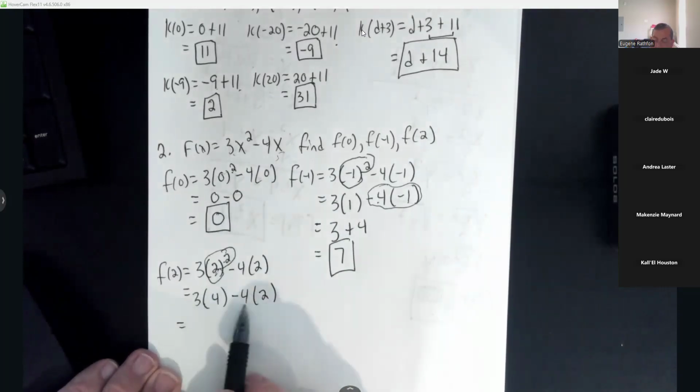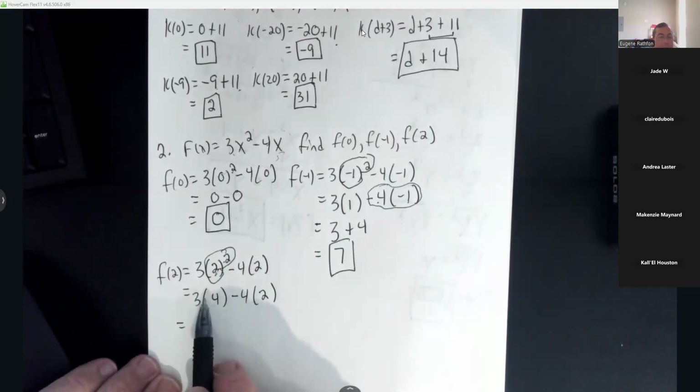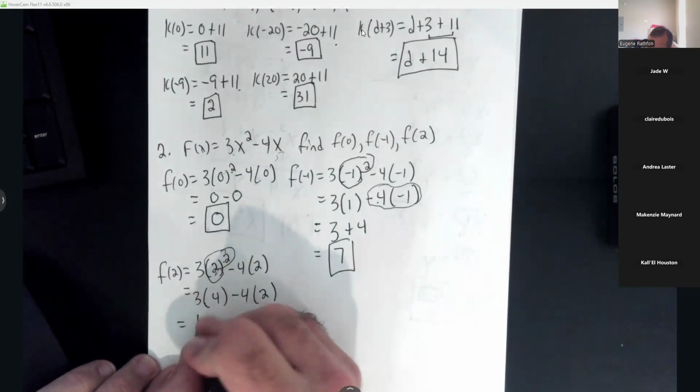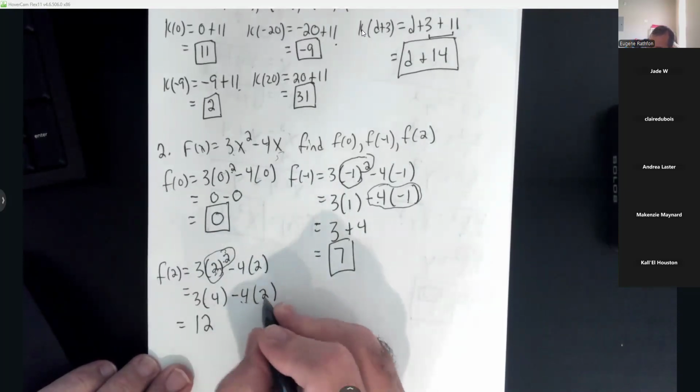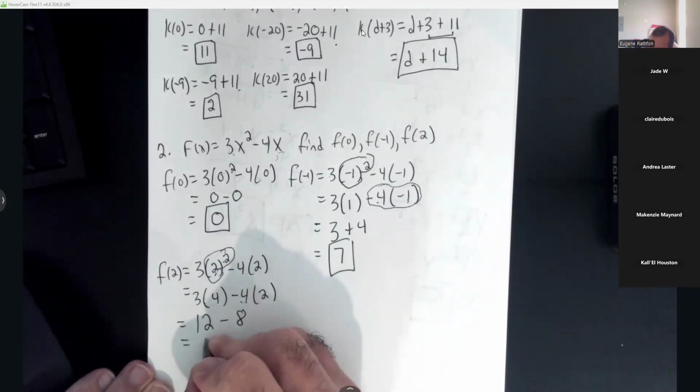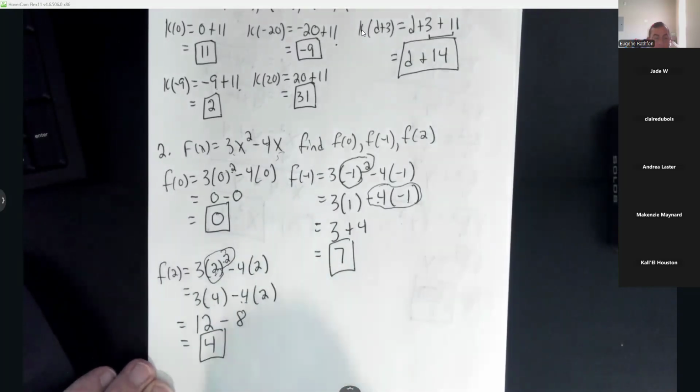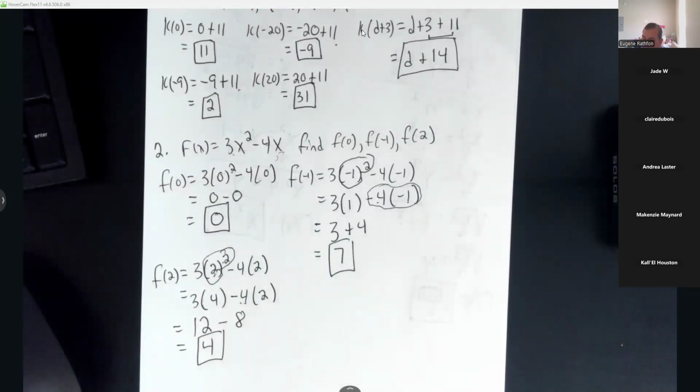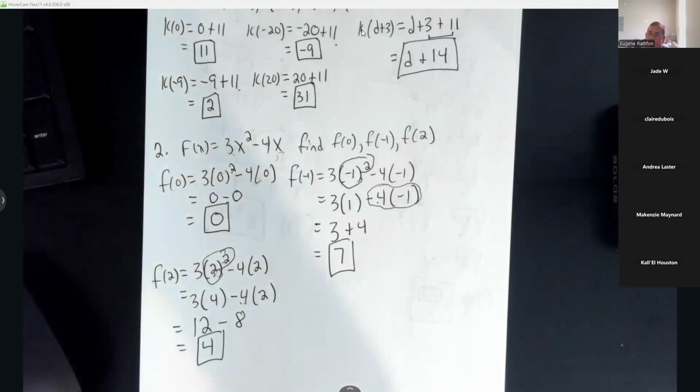Now I'll multiply these two and these two. 3 times 4 is 12. Negative 4 times 2 is a negative 8. And y'all, 12 minus 8 is positive 4. So that was the trick in 9-1, getting you used to plugging stuff in and evaluating, okay?